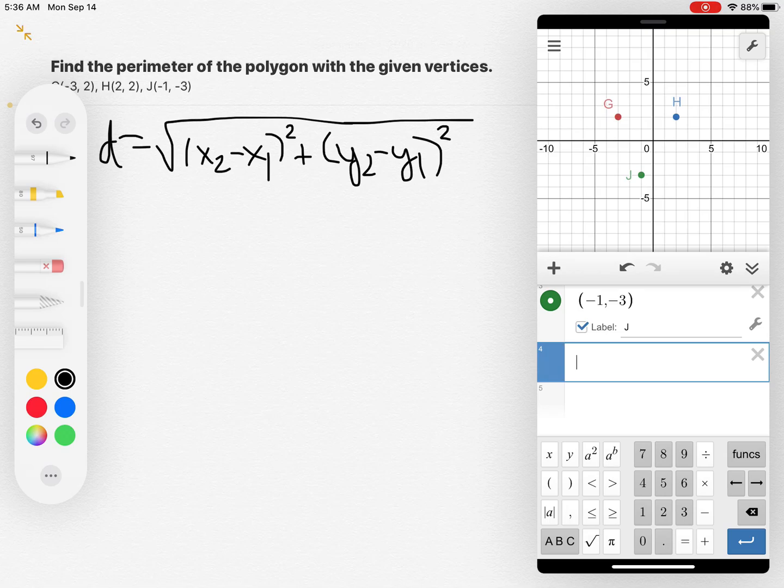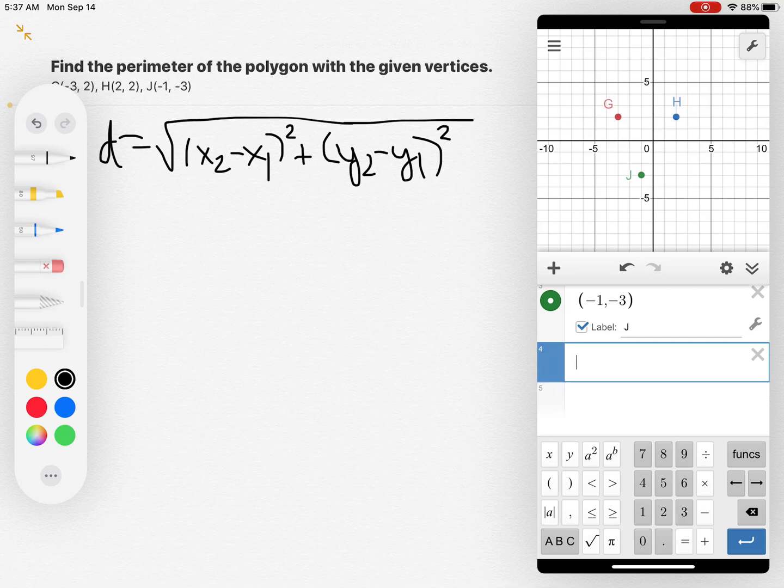And so we're going to have to use the distance formula 3 times to find the distance between G and H, or the length of GH, the distance between H and J, or the length of HJ, and then last but not least, G to J.